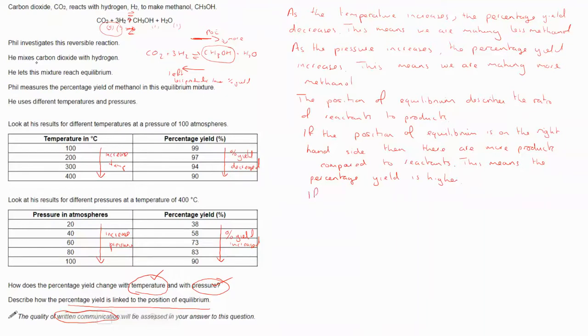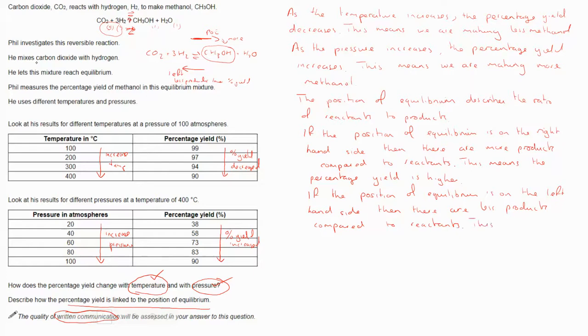So if the position of equilibrium is on the left-hand side, then there are less products compared to reactants.